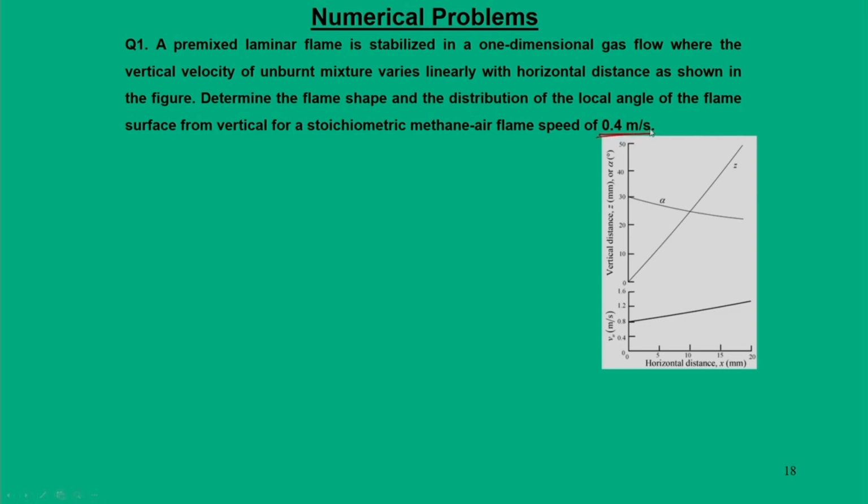So, basically we need to recall our earlier study, where we say that we have a flame front which is plotted in z-x coordinates, and if you take a flame sheet which is propagating, we can draw one vertical, which is nothing but your flame speed SL, and the unburnt gas velocity, which we call Bu.